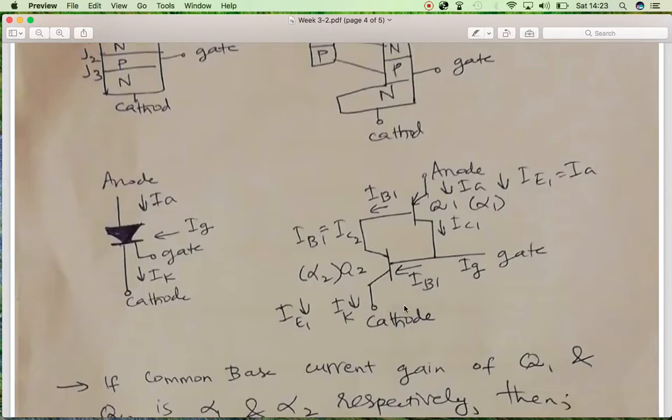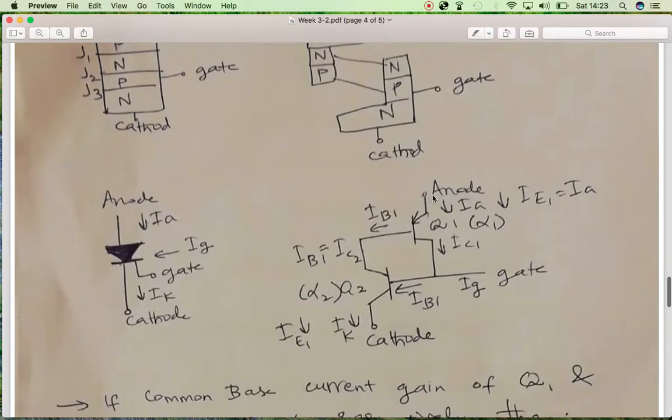This arrow represents an NPN transistor, where it is going outwards. So this is the base of the PNP transistor, this is the emitter and this is the collector, while this is the base of the NPN transistor, this is the collector of the NPN transistor and this is the emitter of the NPN transistor. For that reason we have two transistors, one represented by Q1 and the other by Q2.